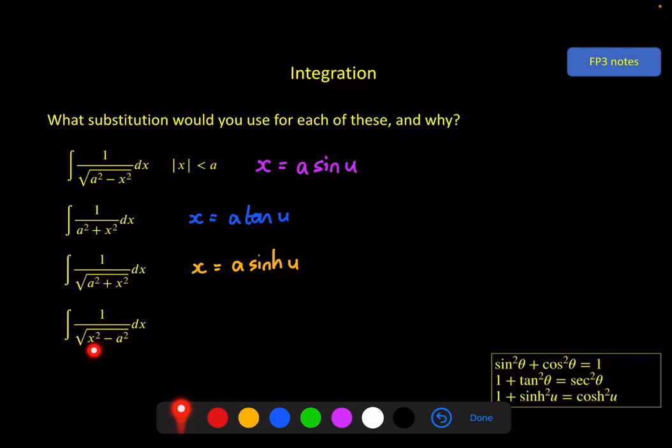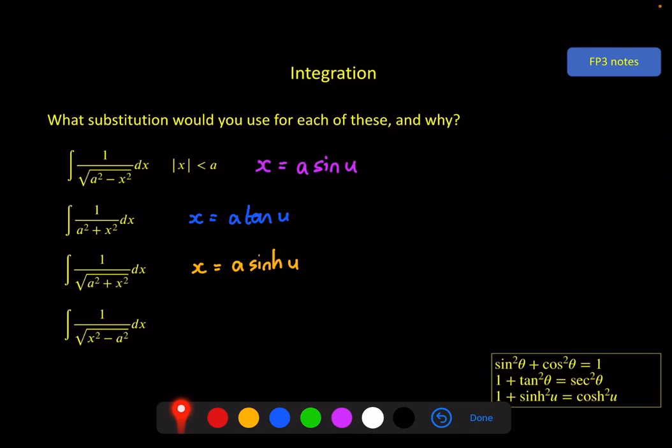The last one, something x squared minus something squared. You could do the same argument here. You could say, oh well, if we start with a sec, then we've got sec squared minus 1 is equal to tan squared, but differentiating sec gets you all sorts of problems. If you were to try and do that, it doesn't make it very easy.